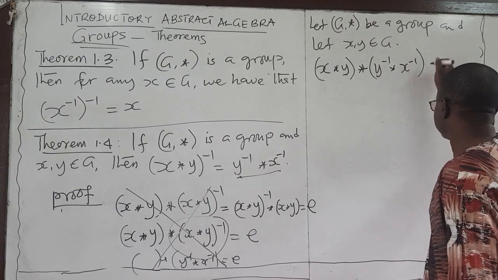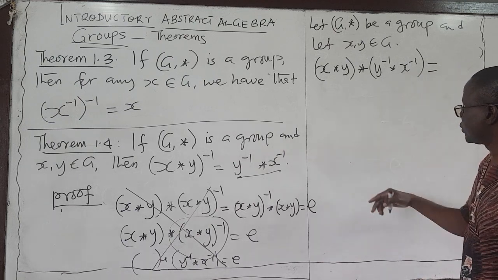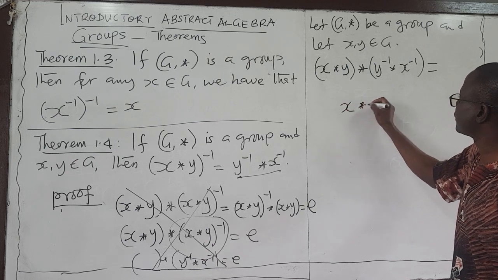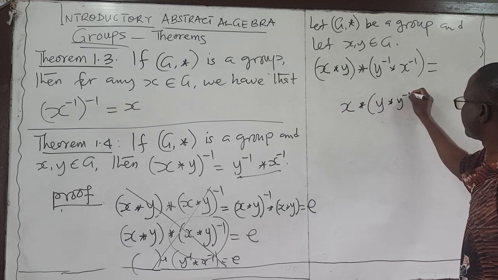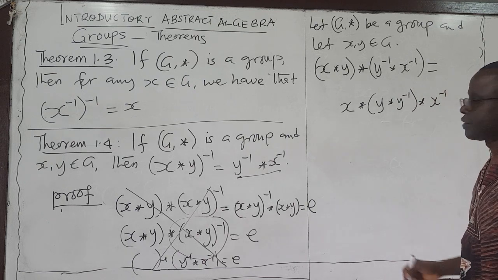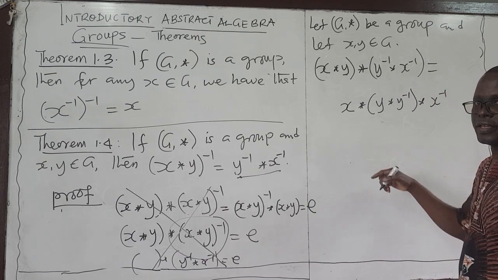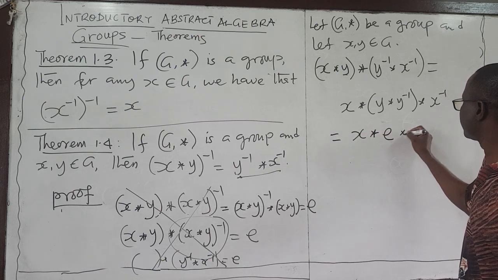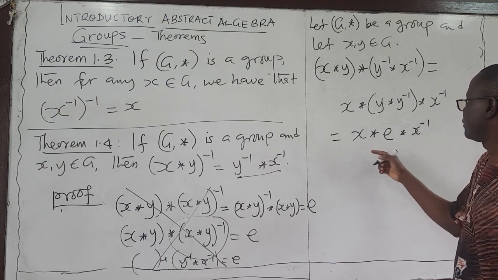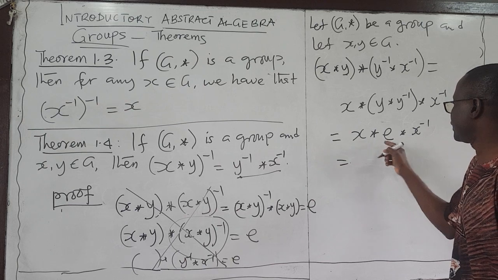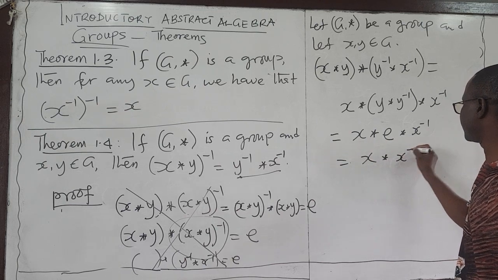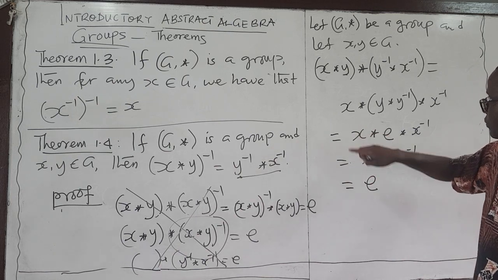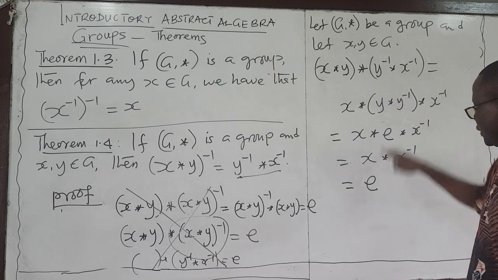I'm going to do this and see what I get. This is equal to, well, star is associative, so I can regroup these guys. I can write this as x star y star y inverse star x inverse. This guy here is the identity, right? So this is x star e star x inverse. Well, if I group this or that, it doesn't really matter. This and this will give me x star x inverse. x and x inverse gives me what? E. So this star this gives me E.